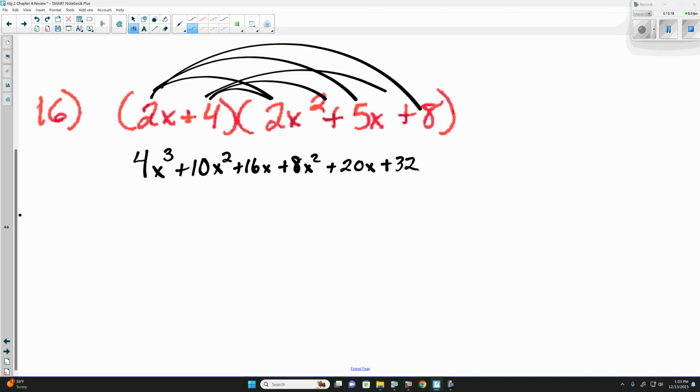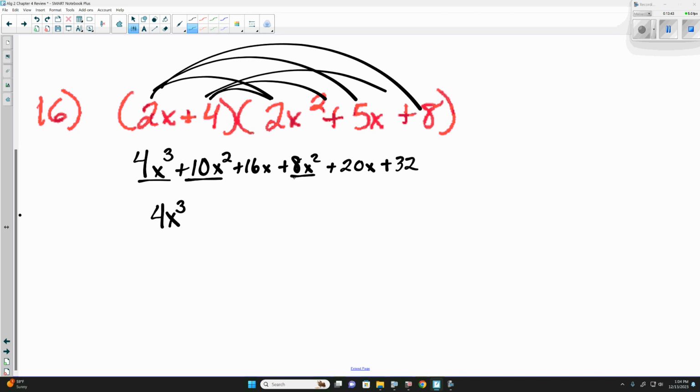Now we're going to combine like terms. At this point, we're going to combine like terms. 4x cubed does not have any like terms.